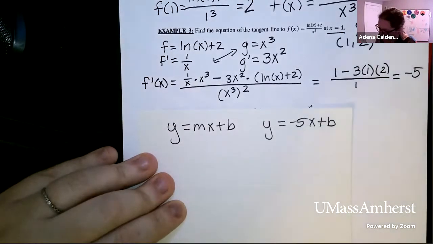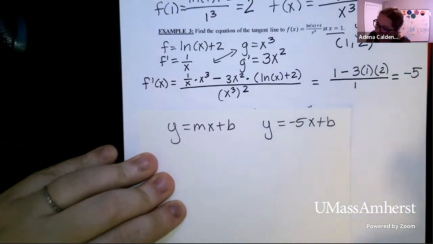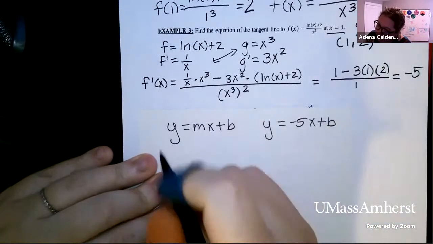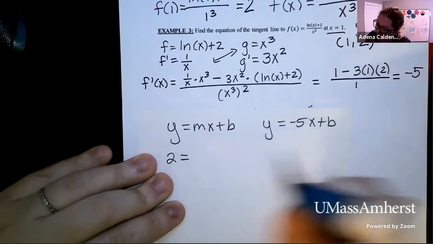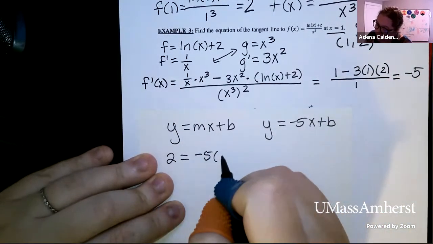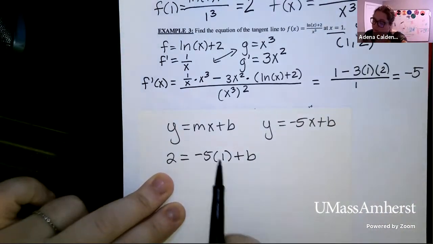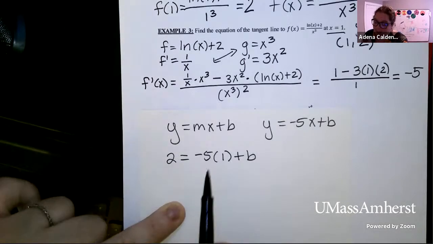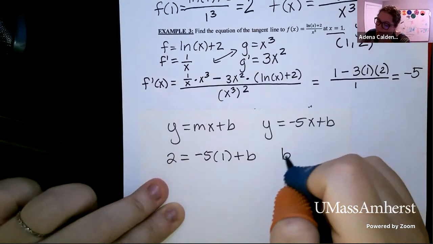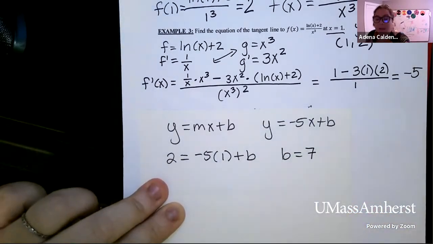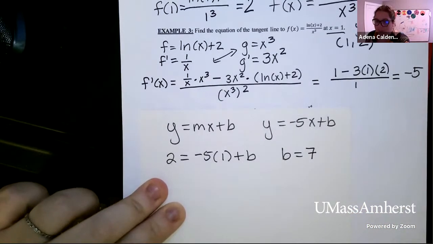Now to find our b value, we need to plug in our point. So when x is 1, y is 2. So we have 2 equals -5 times 1 plus b. So this gives us -5. So we have to add that 5 over to the other side. And that gives us that b will equal 7.